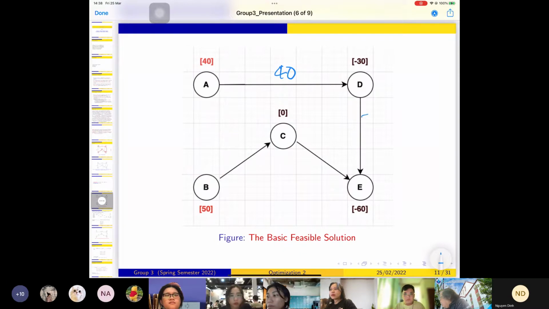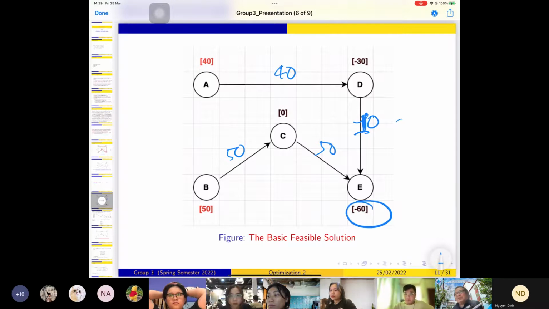Is that okay? You move 10 here, 10 along this, and 50 you move here, but here they don't need anything, so you move all 50 here, and then you have 50 and 160, and they need 60, and that's all. Is that what you do? Yes. Is that okay? Yes.